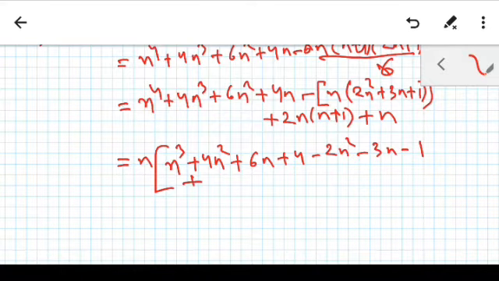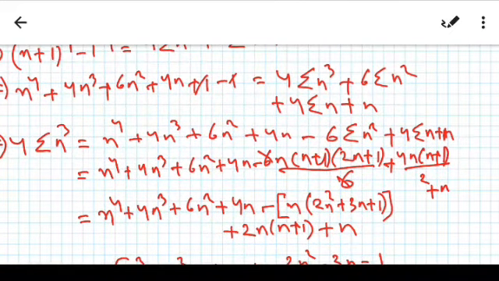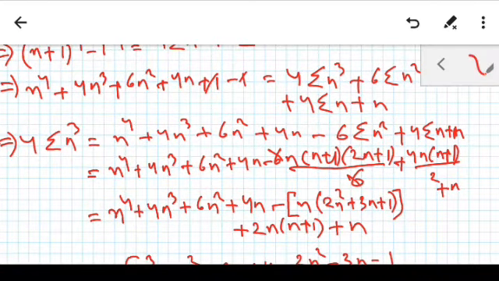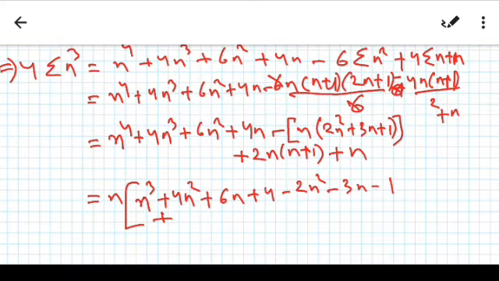n. So it will be, children, it is plus or minus. Let me check it. Here there is a mistake. Here, in place of plus it will be minus, right? Here also in place of plus it will be minus.